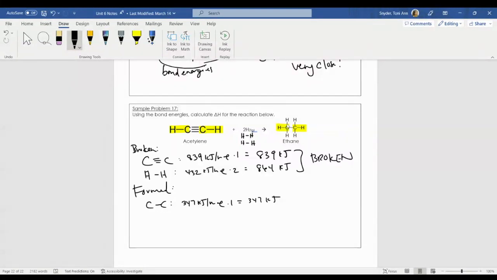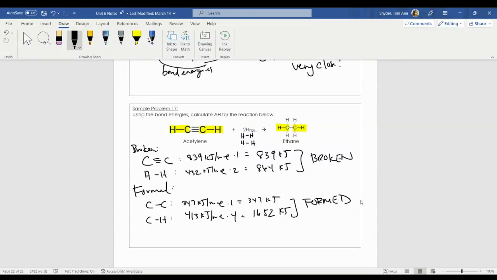I'm also forming 1, 2, 3, 4 carbon-hydrogen single bonds. And those have bond energies of 413 kilojoules per mole. But in this case, I'm forming 4 of them. So 413 times 4 is 1652 kilojoules. These are the bonds that are formed.